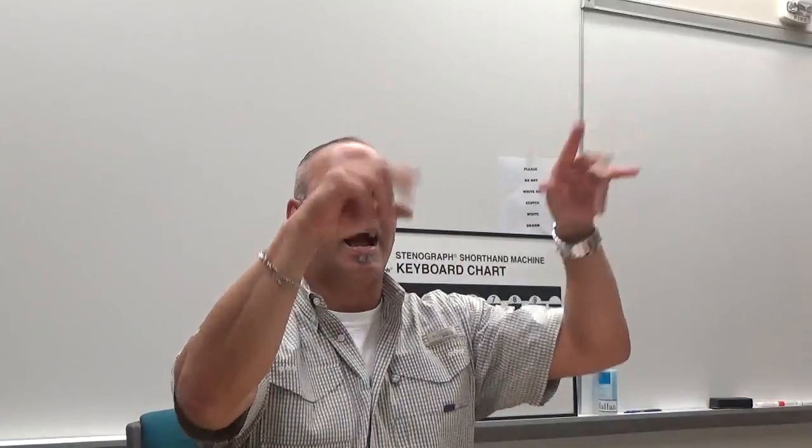Because if you define the S as S, like on study, and you have studies, it's going to know to drop the Y and put the IES, and you don't have to do anything. All you have to do is the stroke for study, and then S, and it's automatically going to put it together. But if you do stud Ds, like DIS, it's not going to do it. Now you're going to have to write out studies, because you put it together. So you have to be careful when you put certain things together. Does that make sense to y'all?